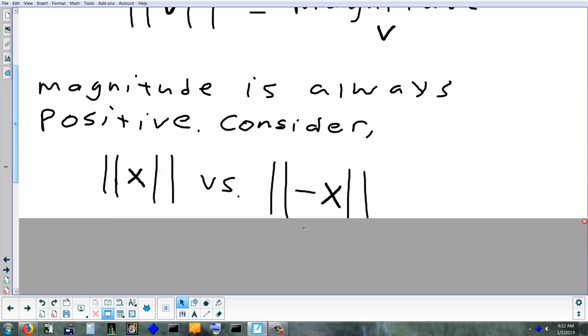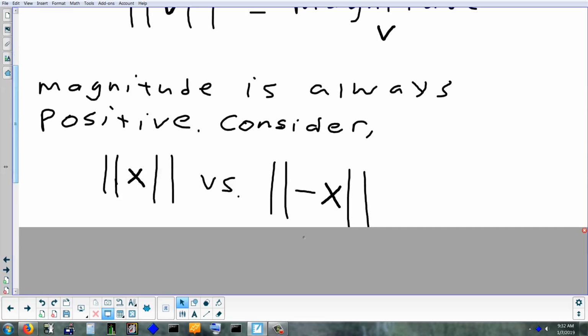So keeping that in mind, what would be the difference between those two things? The magnitude of x and the magnitude of -x. Nothing. Wouldn't they both be positive? Yeah, nothing. There is no difference there.